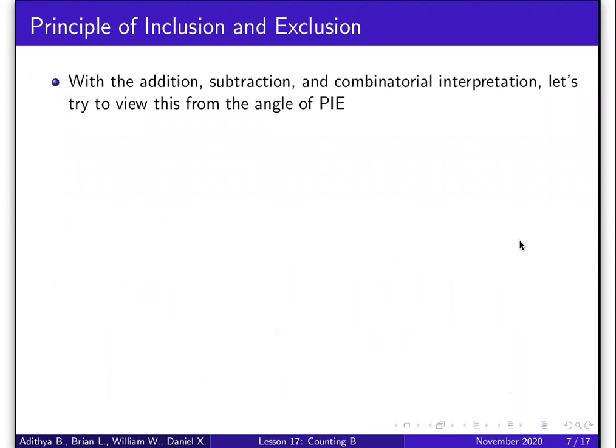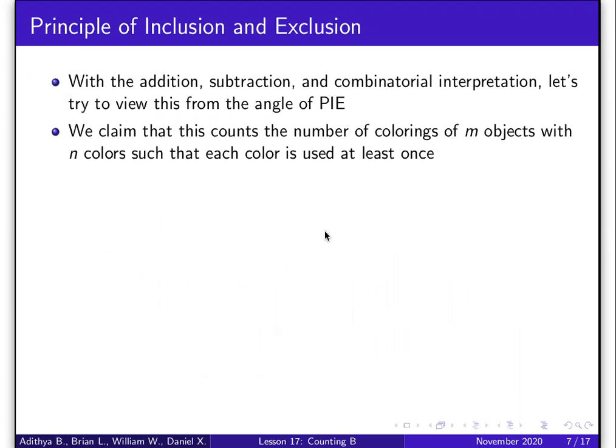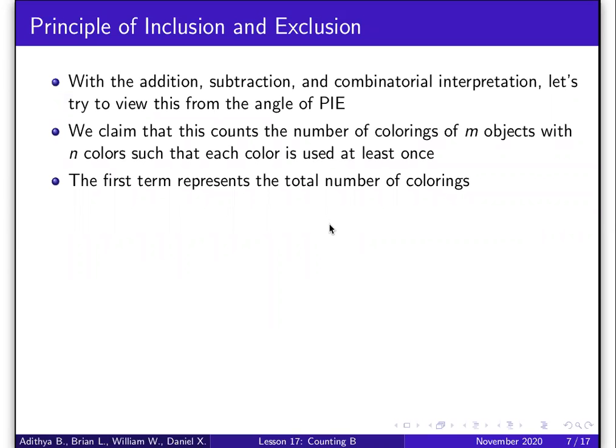So the terms seem to care about how many colors get used. And with this motivation, we can take a guess at what the sum might mean. We want to color 1 through m with n different colors such that each color is used at least once. So let's take a look at the first term. The first term is the total number of colorings.